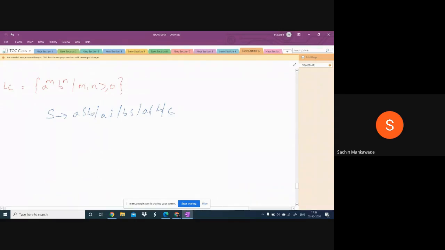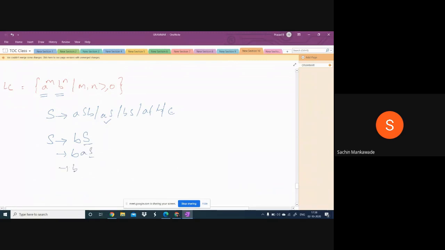However we apply the productions, we must get only valid strings. It should not give any invalid ones. At the same time, we must get every valid string. What is the language here? Any number of a's followed by any number of b's. The a's and b's may be equal or unequal. Here, as per your productions, I will take bS in the starting. After that, in S place, I will take aS.